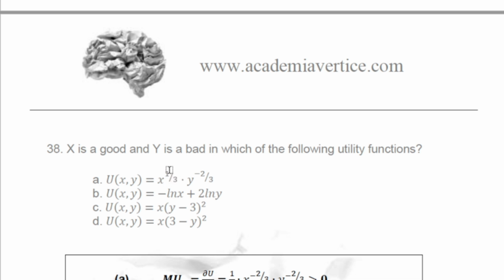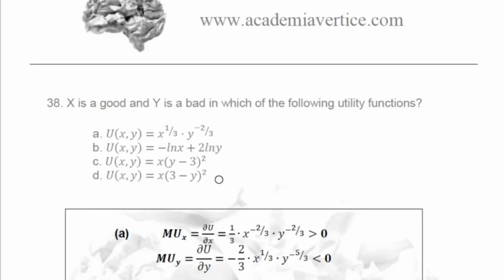The more X I consume, the more utility level I have. And here Y is a bad because the more Y I consume, the less utility level I have. Okay, well, this is easier than it seems, so it's A, okay.